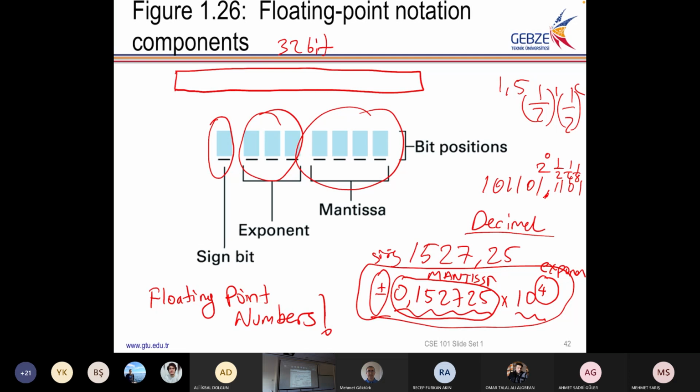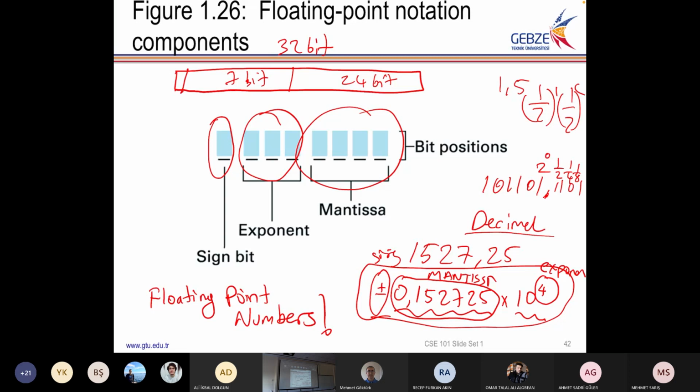Or 64, it depends. There is one sign bit, 24-bit for the mantissa, 7-bit for the exponent.